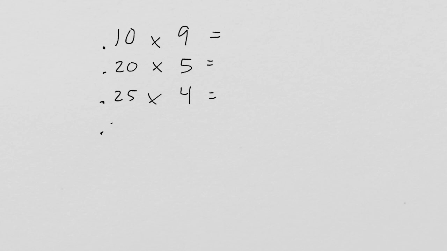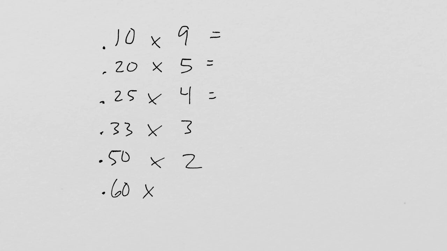If it ends in 0.33 or something close to that, we multiply by 3. If it ends in 0.5, we multiply by 2. If it ends in 0.6, you could multiply by 5. 0.7, you might have to multiply by 10.